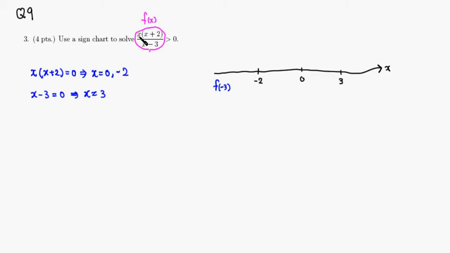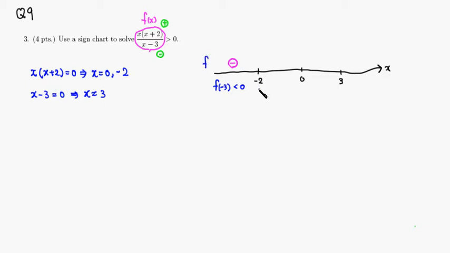Negative 3 is negative, and negative 3 plus 2 is negative 1, so a negative times a negative makes the top positive. Then negative 3 minus 3 is negative 6, which is negative, and a positive divided by a negative is negative. So I'll indicate a negative sign there.